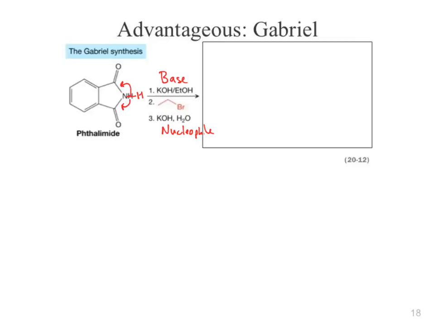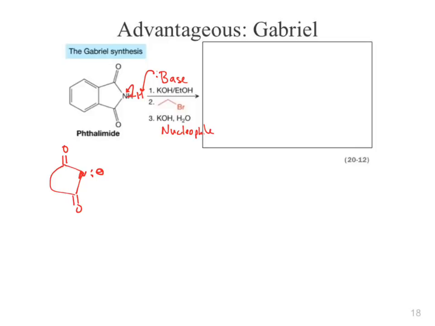That gets into a weird gray area. In this case, it is probably not resonance. It is actually probably due to an inductive effect, not resonance. If you're curious as to why, you can talk to me after class. Not that big of a deal to know why. Just saying that it's probably induction. The base comes in, removes the hydrogen. We now have a negatively charged nitrogen, which means that nitrogen could act as a base or a nucleophile.